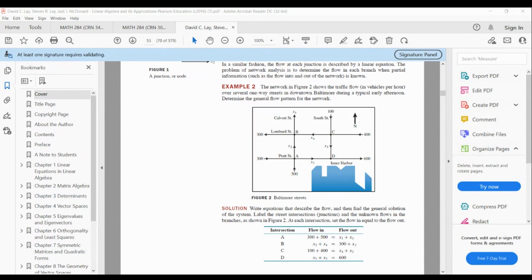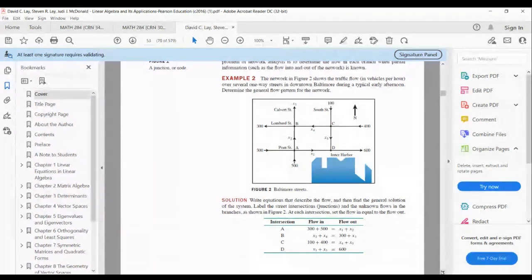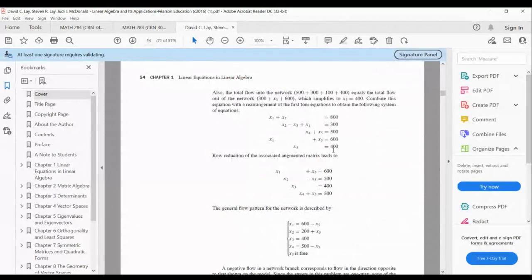But if you work through this example, and you would use MATLAB to help you with this, you have your system of linear equations, and then you work it out. I think you're going to be fine with that example. I'm not too concerned.